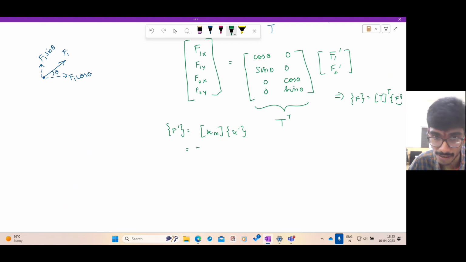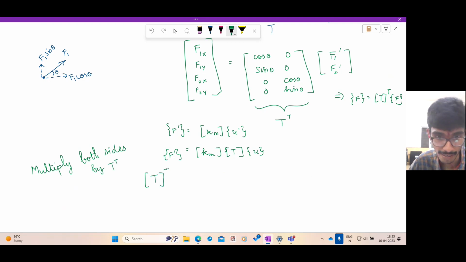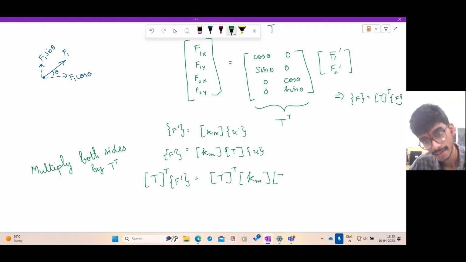And U prime is nothing but the transformation matrix times U. From this, let us multiply both sides by T transpose. You have T transpose F prime is equal to T transpose Km T U.